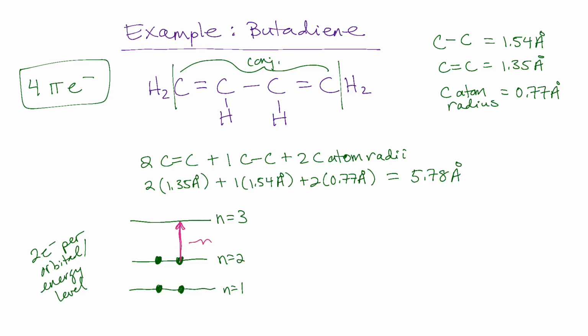That is a little arrow of light, h nu. It's our photon. When we shine light on our molecule, one of our electrons will get excited to the next energy level. We're going to do a little calculation to see what wavelength is going to be associated with that transition between our n equals 2 and n equals 3 energy levels.